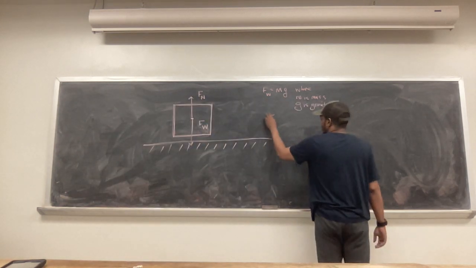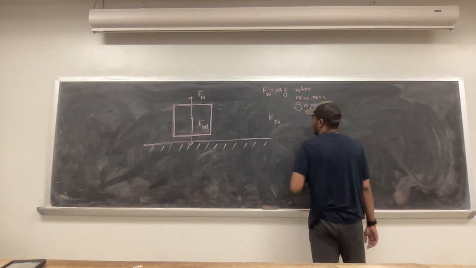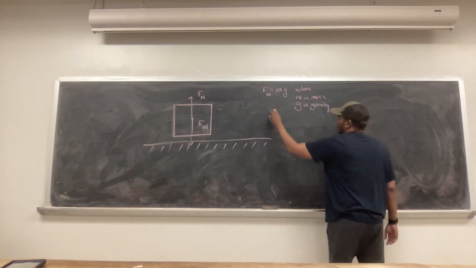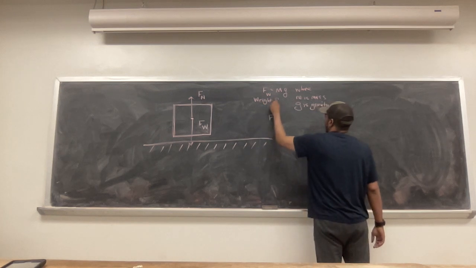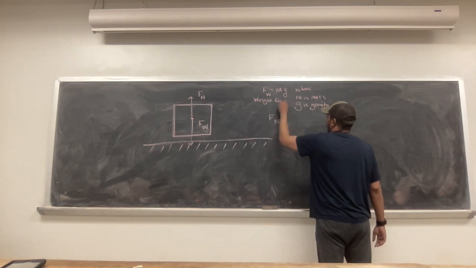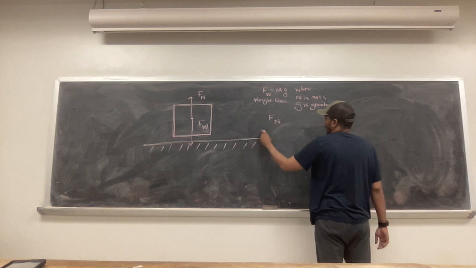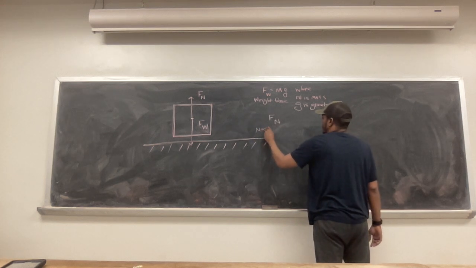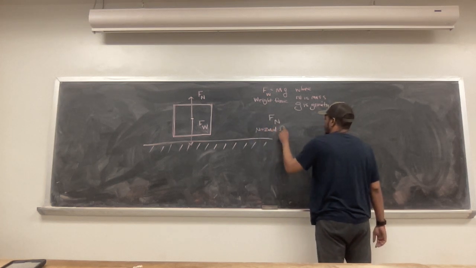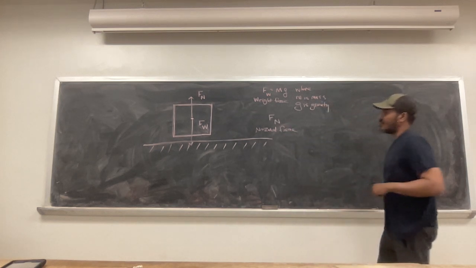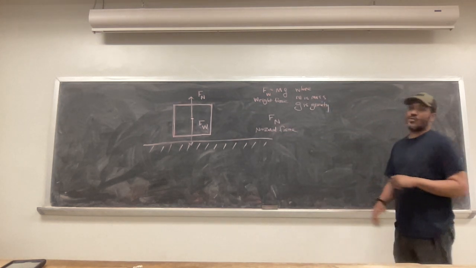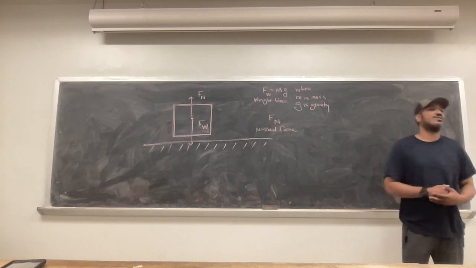But for now, we're just going to write it there, and we're going to call this the weight force and the normal force. So right now, don't worry about what normal force is equal to.